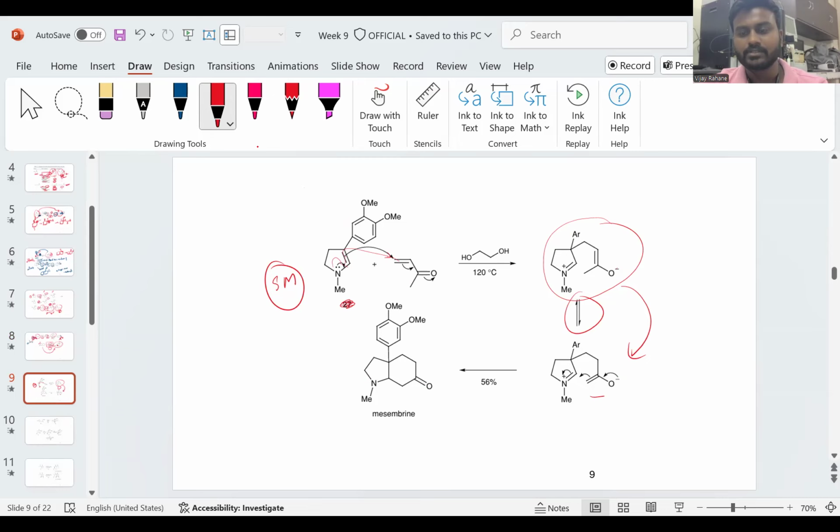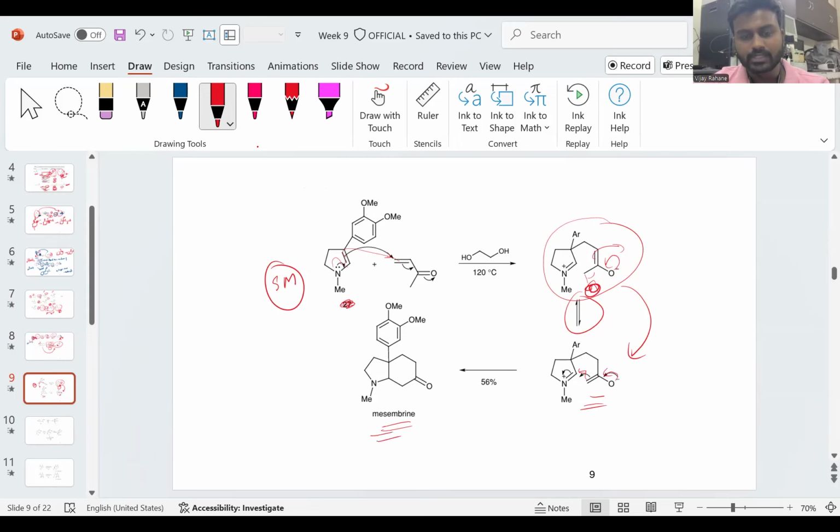So what else happens here? Another molecule abstracts the proton, the proton which is available here, and it forms the anion here, and again it forms the enolate. So this is the enolate getting formed, and upon addition, it attacks in this manner, and we get a product which is mesembrine.